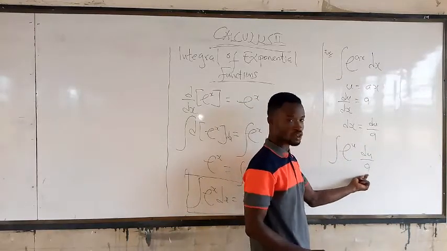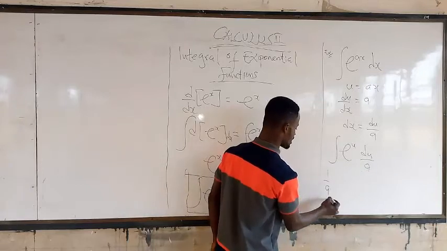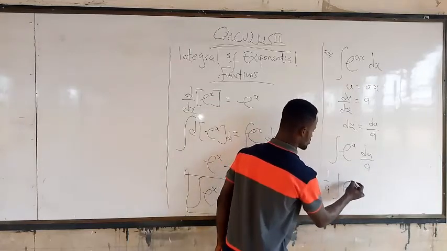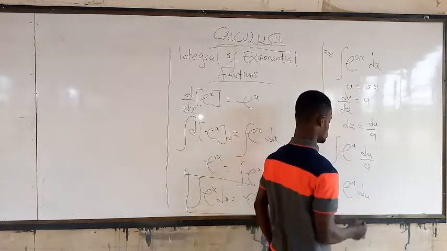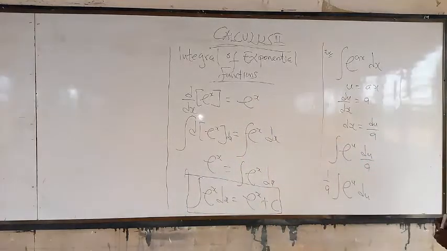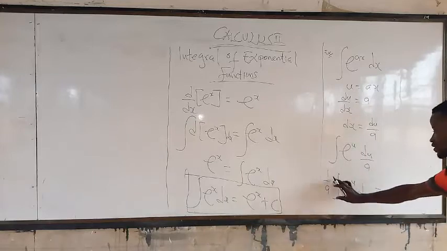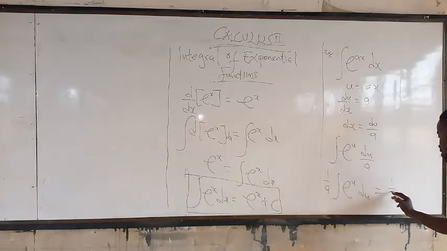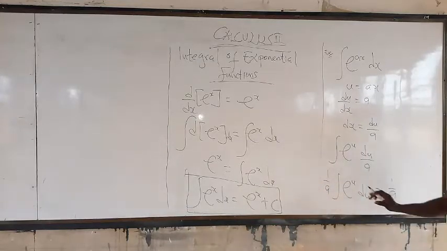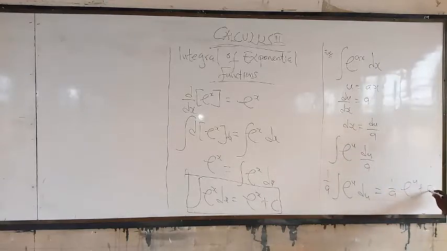The a here is a constant. So you get 1 over a times the integral of e to the power u du. I hope you can see that. So when you integrate e to the power u, you get e to the power u plus c.